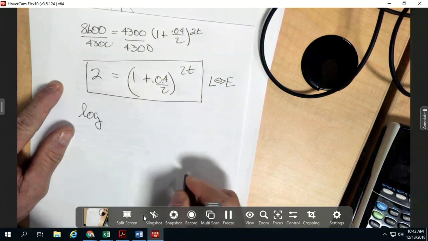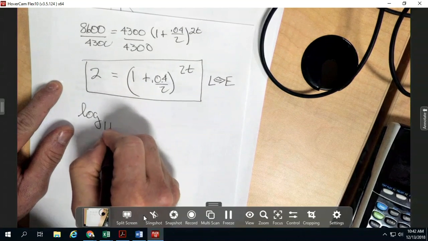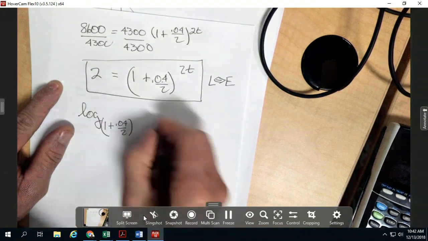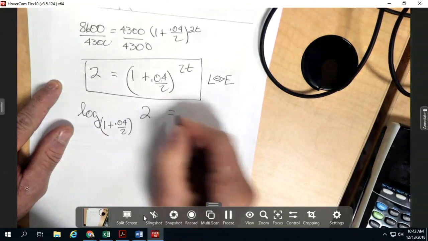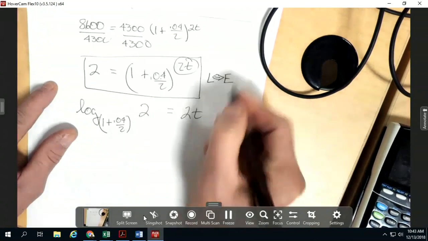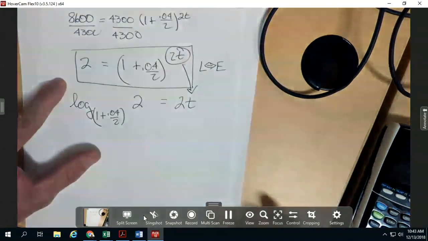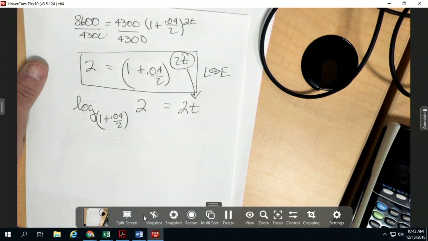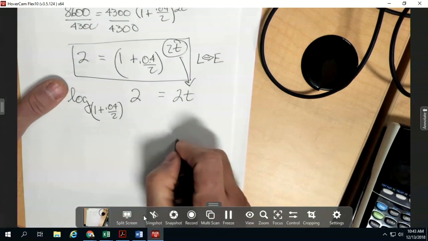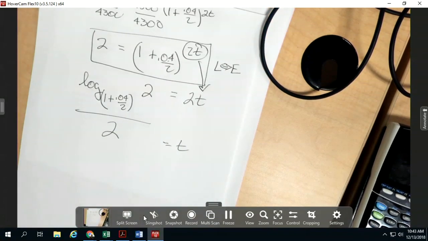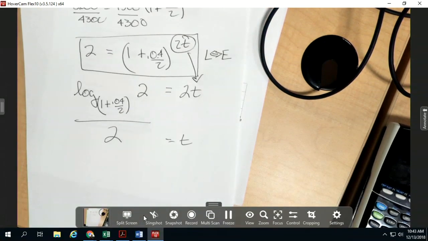Log base 1 plus 0.04 over 2 of 2 is 2t. Remember, the logarithm is the exponent. That always goes there. To get t all alone, we're going to take this and divide by 2.